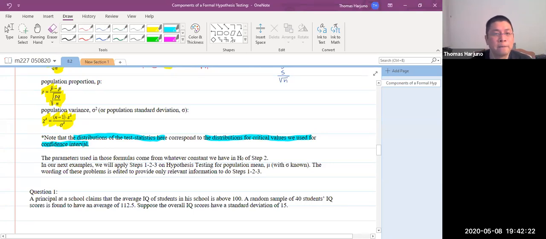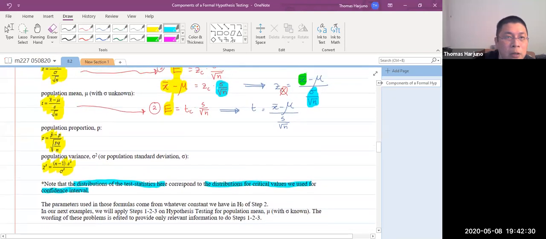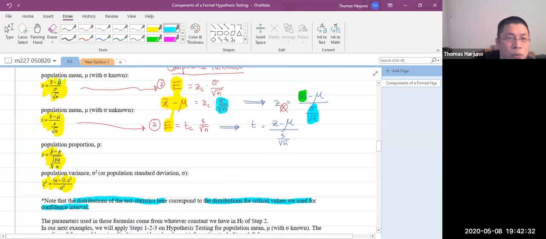Okay. Now, the parameter used in those formulas, what parameter? I'm referring to this one here.